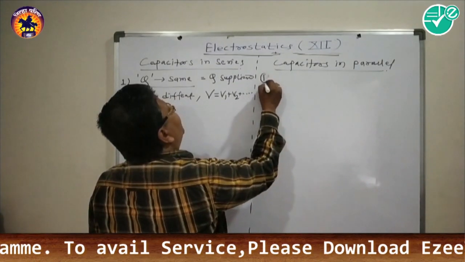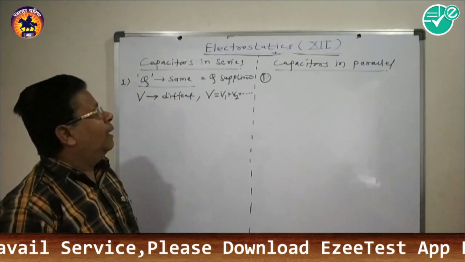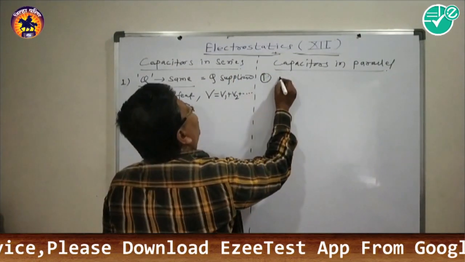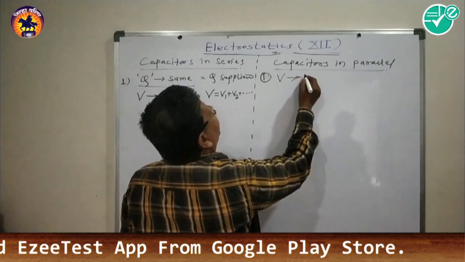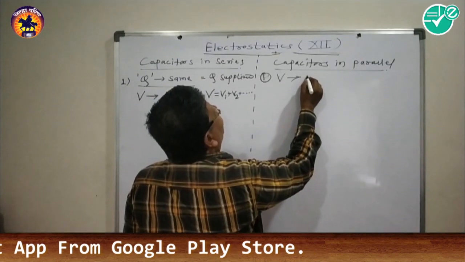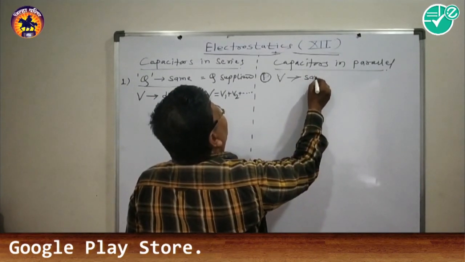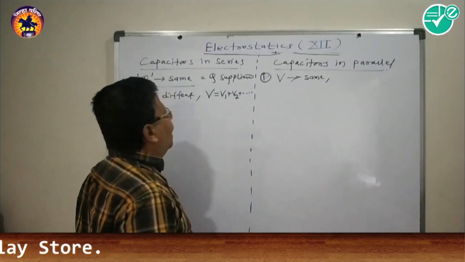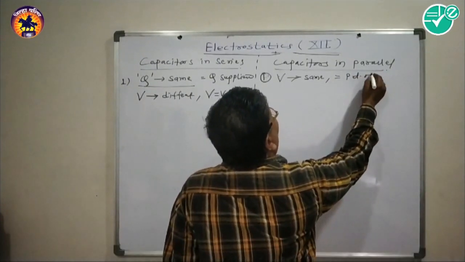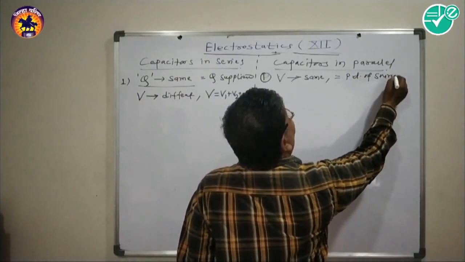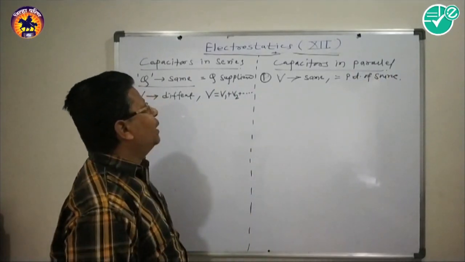In parallel combination, which quantity is constant? In parallel combination, PD across each capacitor is same, and which is equal to PD of source. What is different?